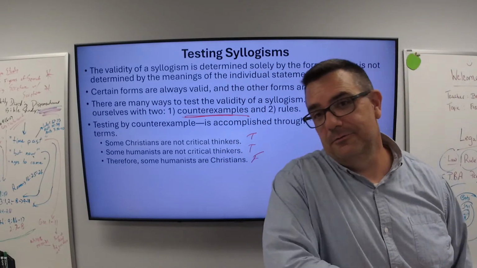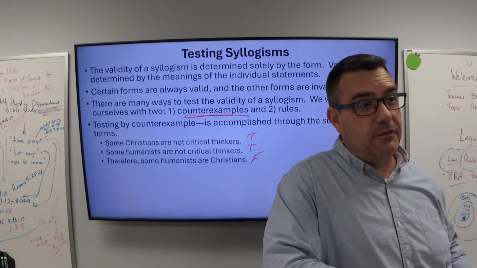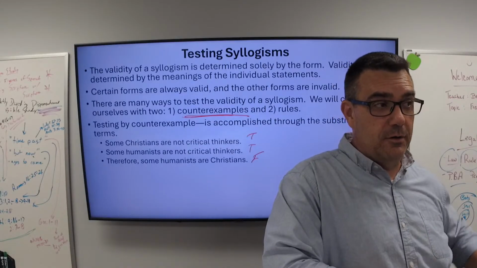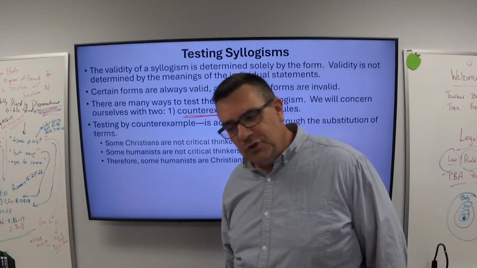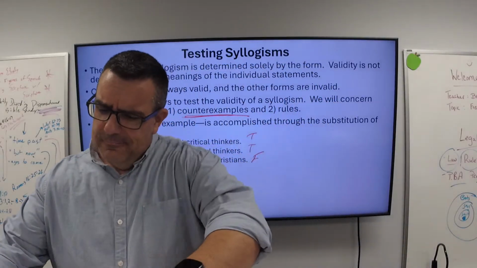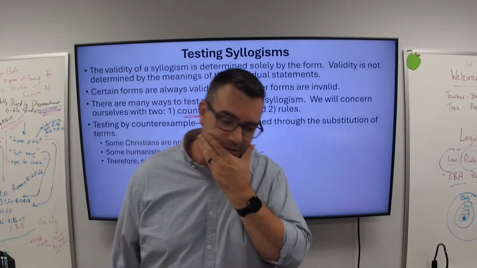I'm going to say that's false. If you're a humanist, you believe man is the measure of all things. You're probably an atheist, you probably don't believe in God, and so therefore you're probably not a Christian. Depends on your definition of humanist, I suppose, but generally I'm going to say that's false.